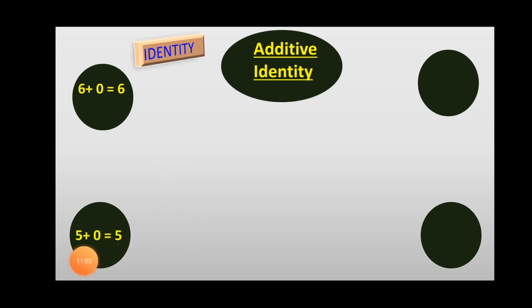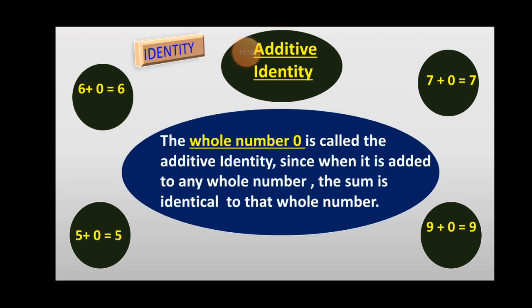When I take 5 and add 0, I obtain 5 only. In the same manner, if I take 7 and add 0, I obtain 7. So you can see that the whole number 0 is called the additive identity, since when it is added to any whole number, the sum is identical to that whole number.